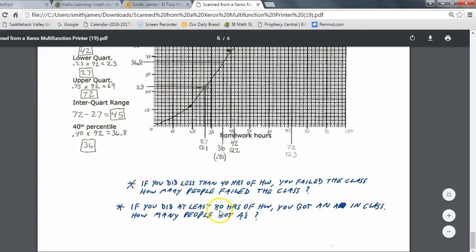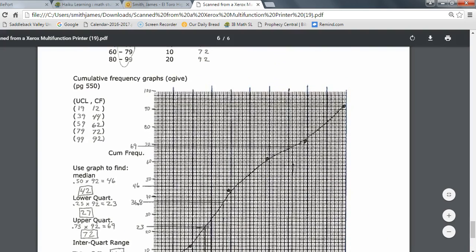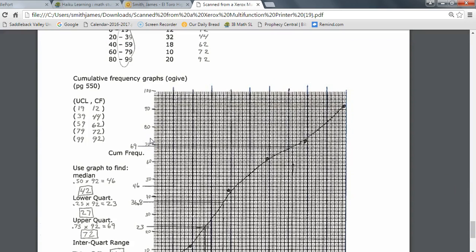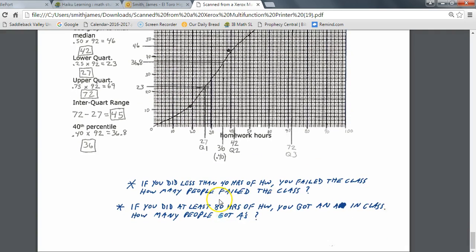But for this question, it said at least 80, so we're talking about those who did 80 or more, which is why when we went up and over and we got this number of 74, we're not using 74 as our answer. We're talking about those who did 74 or more. And so we're going from 74 to 92. Everyone in that range were those who got an A in the class. And so that's why we did the 92 minus 74 to get that answer. So again, it's just careful interpretation of the question that is being asked of you.